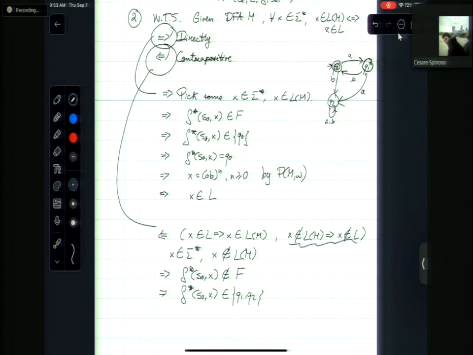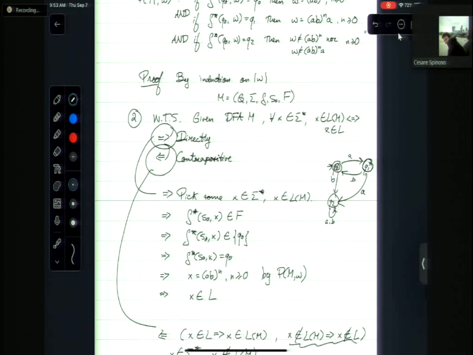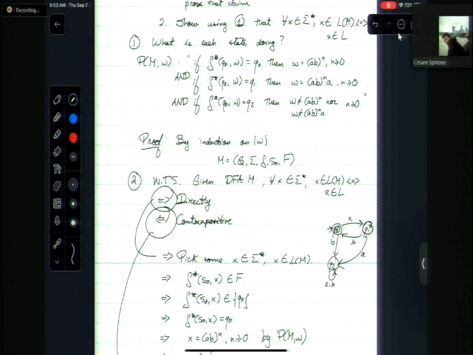Okay, so now that means that either if I start at the start state and I read X, I get Q1, or if I start at the start state and I read X, I get Q2. So now again, I can use my statement PMW. What I've just shown is that either this is true or this is true.